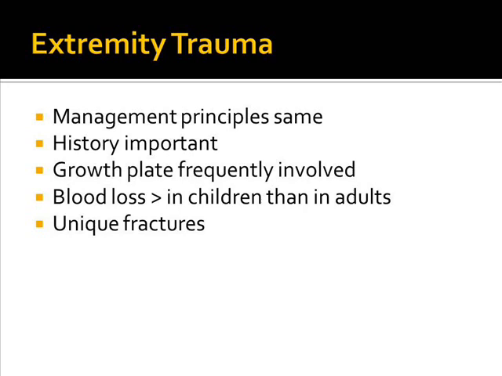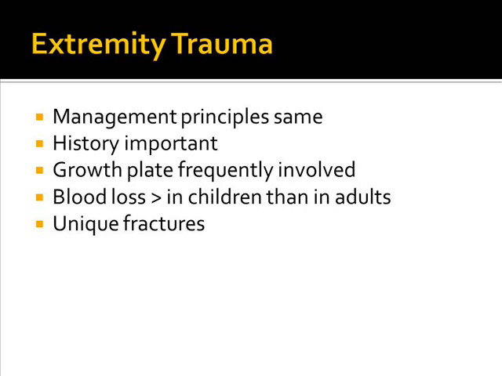Extremity trauma management principles are the same. That is, we need to immobilize, we need to observe for compartment syndrome, and we need to identify nerve and vascular injuries. History is important, and growth plates are usually involved, so we need to be aware of the Salter-Harris classification and be on the lookout for any growth plate injuries.